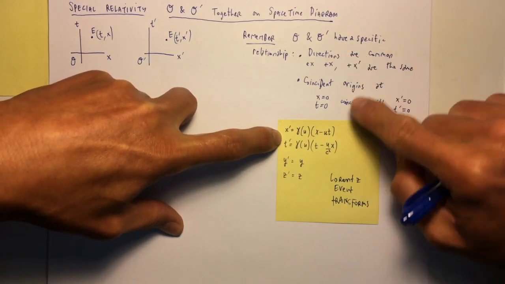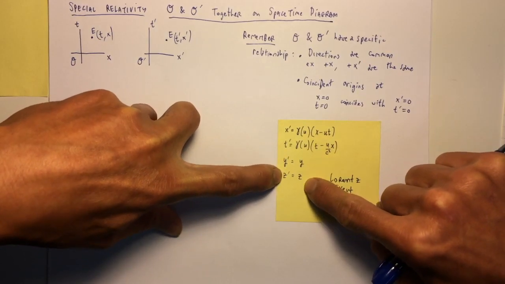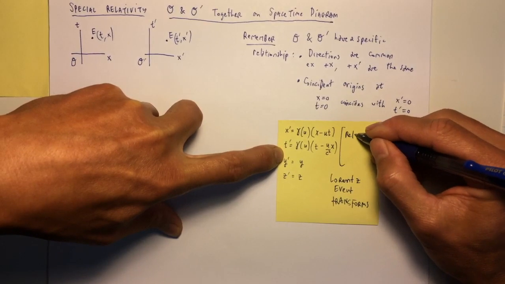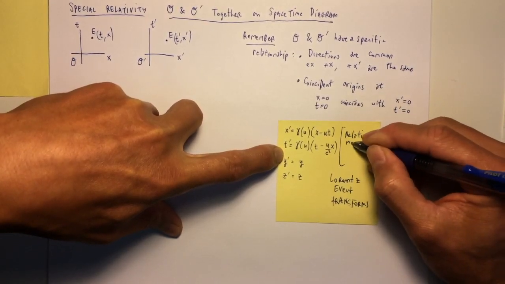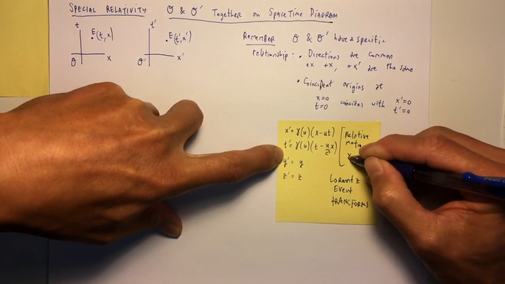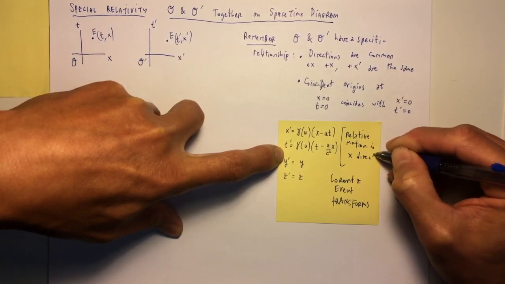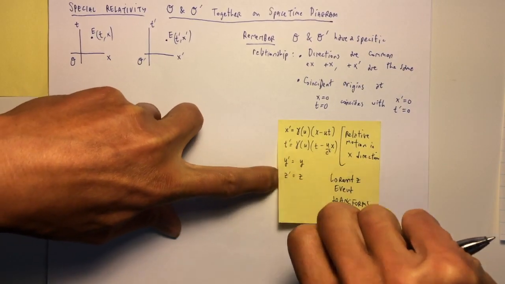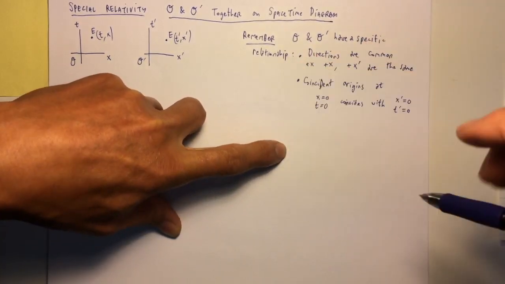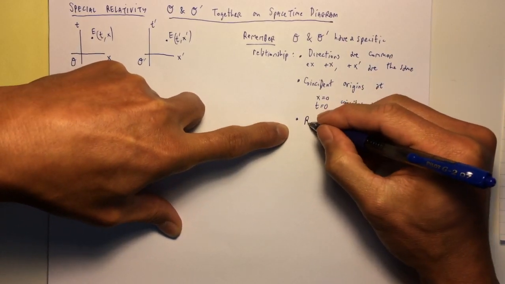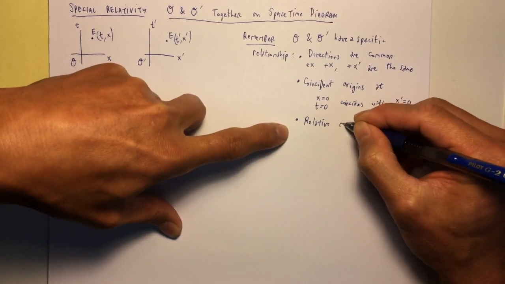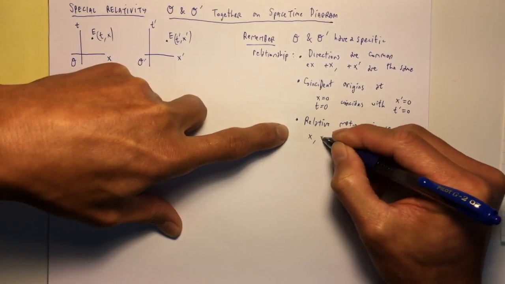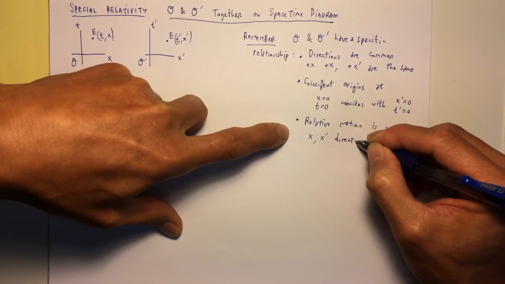But anyway, so there's a coincident origin, and these things right here are why we can write this stuff down, right? So the directions are common. Here's two common directions here. There's relative motion. Oops, this is the other thing. Relative motion in x direction. That was the thing that I forgot to write down. So actually, I should include this in our specific relationships. So the relative motion is in the x and x prime direction.